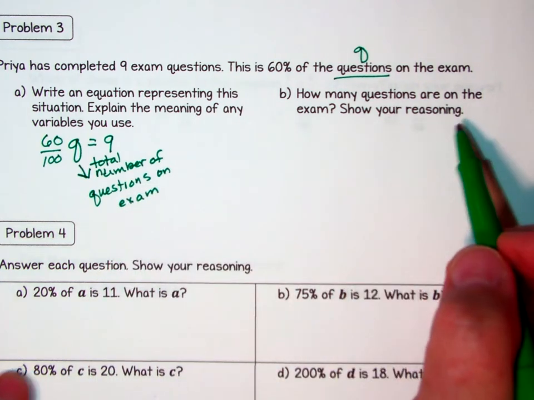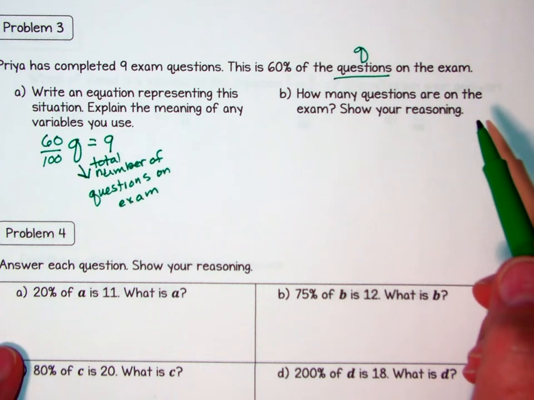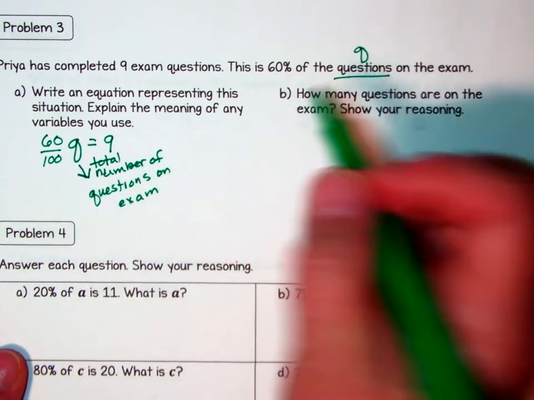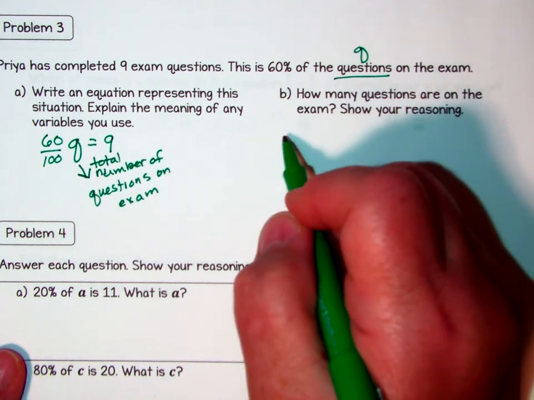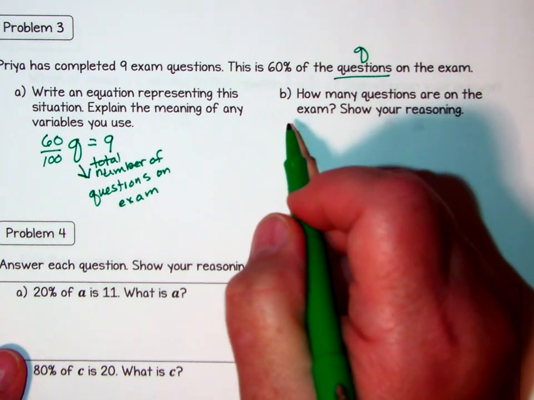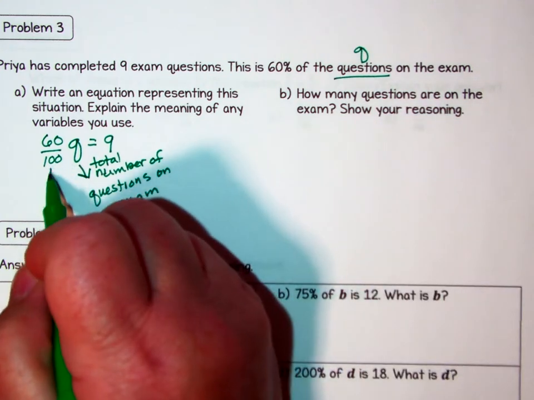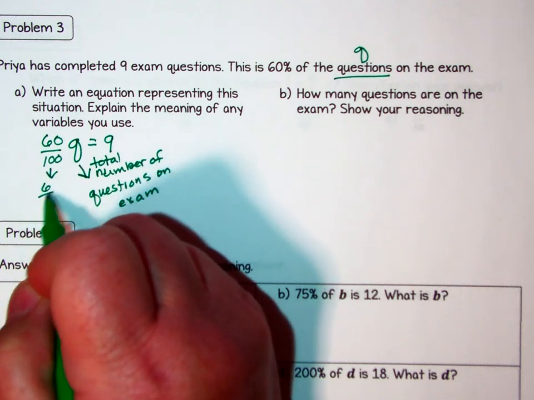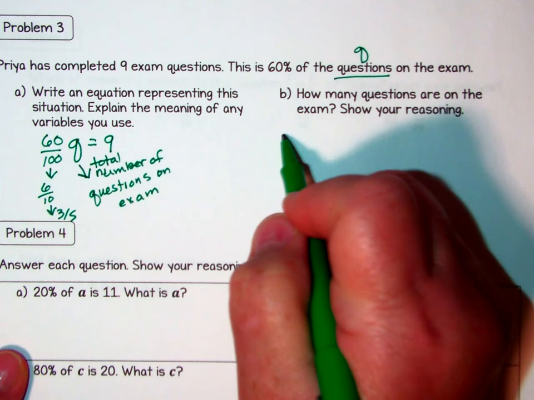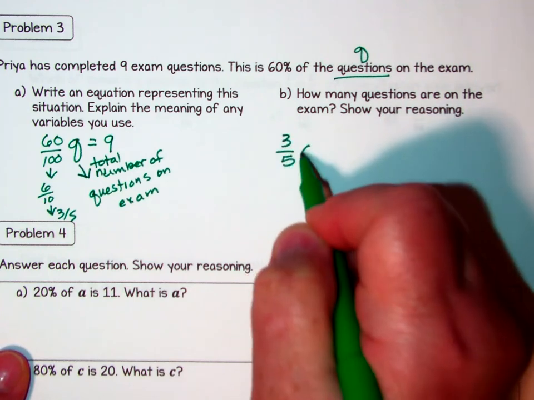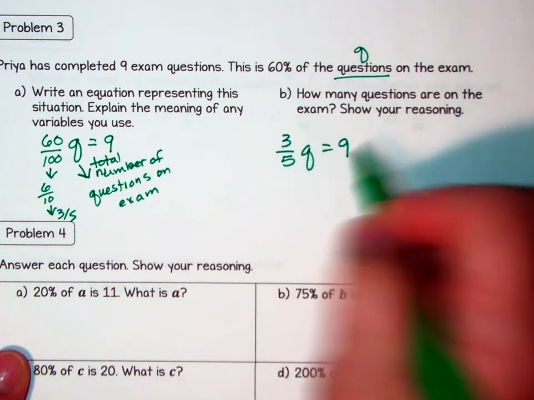All right, then I need to solve that. How many questions are on the exam? So again, I could use any form of 60 hundredths. I'm in the simplified fraction mood. So I would simplify that to 6/10 and then to 3/5. So I'm going to say 3/5 times Q is equal to 9.